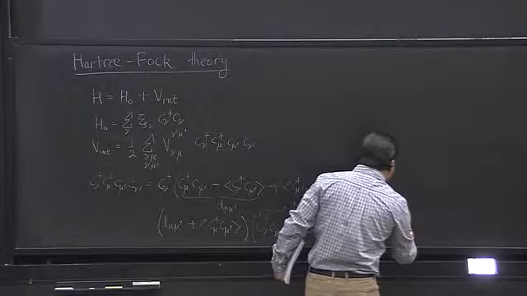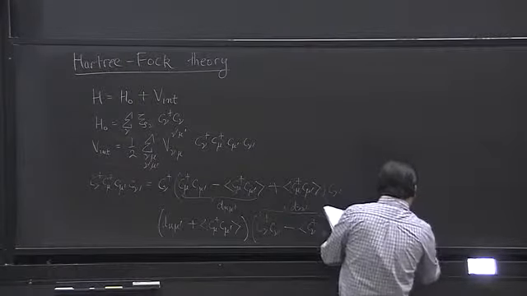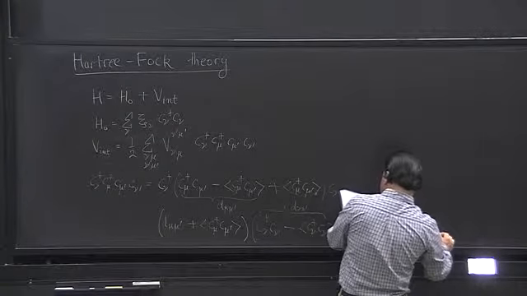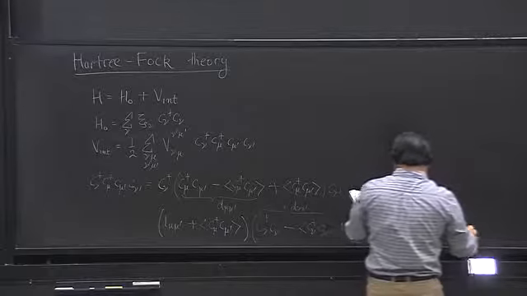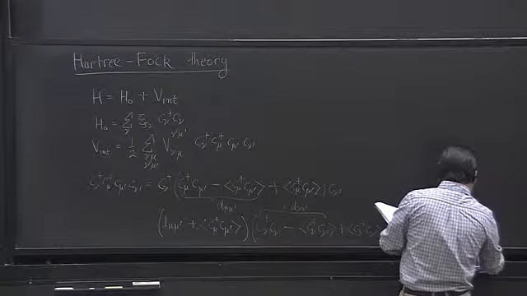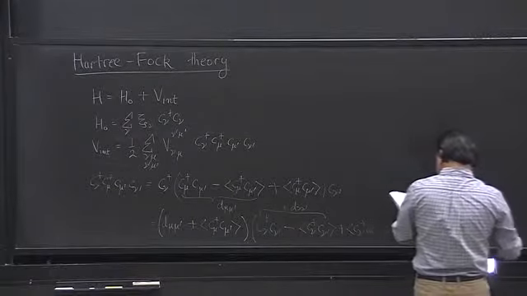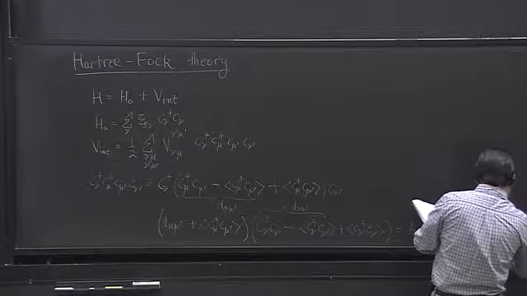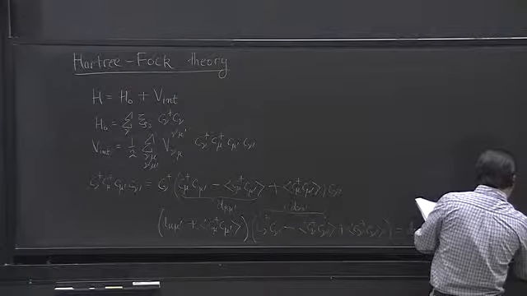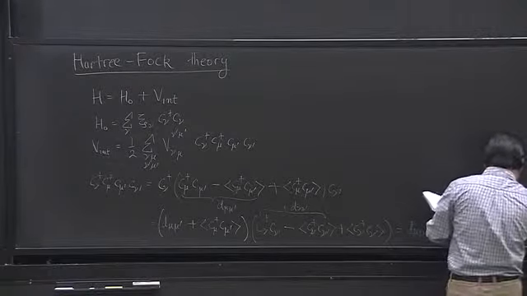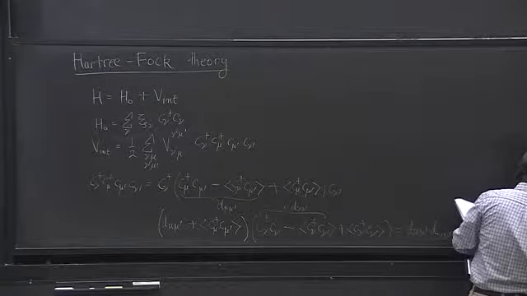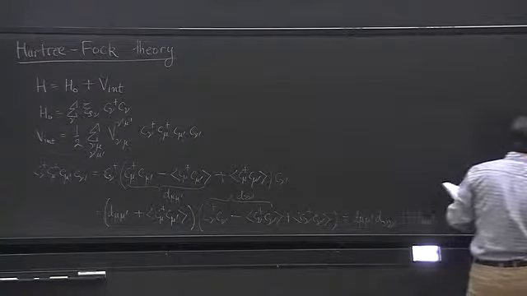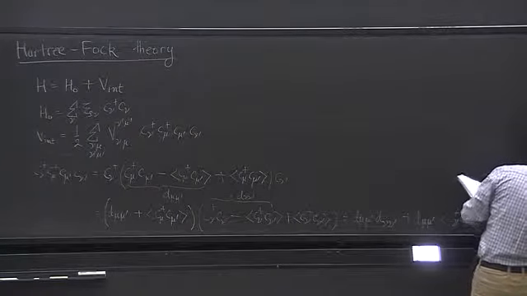So finally, I can write this as d mu prime, d nu prime, plus the product of expectation values.